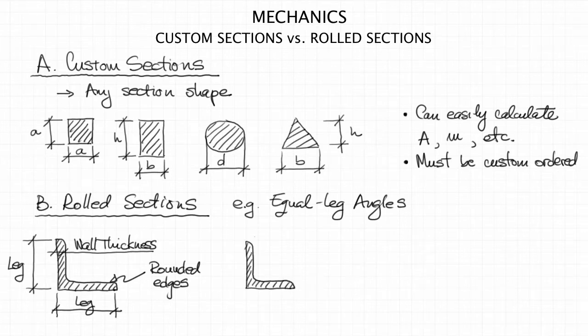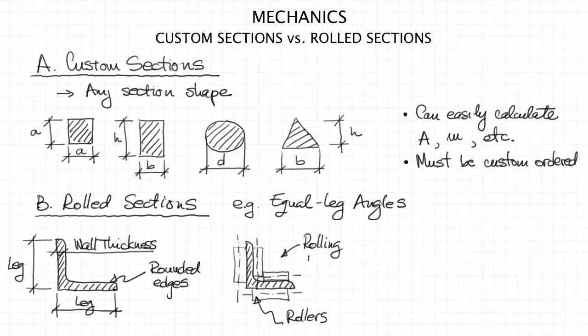They are created through a process called rolling, in which very hot, almost molten steel is passed through very strong metal wheels, and these wheels compress the soft metal through rolling until it reaches the final shape, which is the angle. Again, this process is called rolling, and hence these sections are rolled sections.